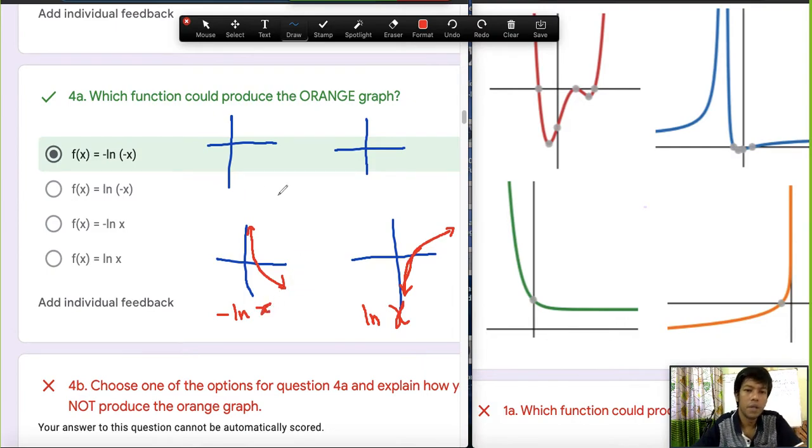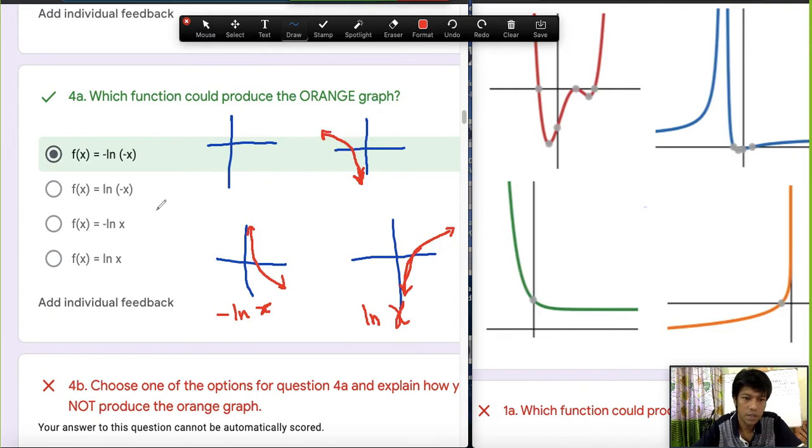Then let's draw this one. We can draw it here. Reflection about this graph, reflection about the x-axis.